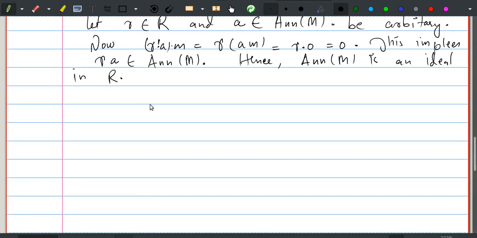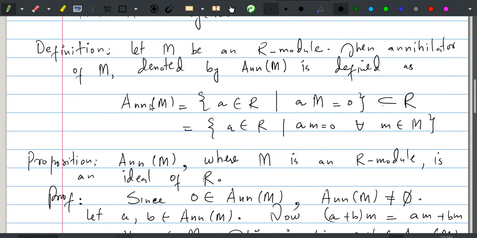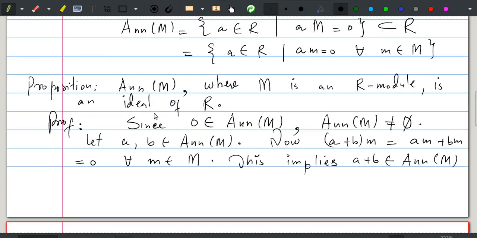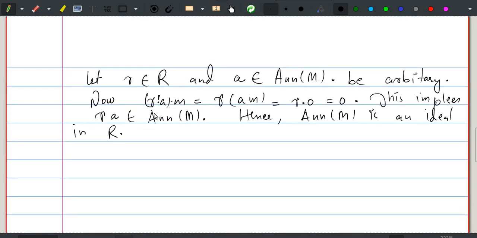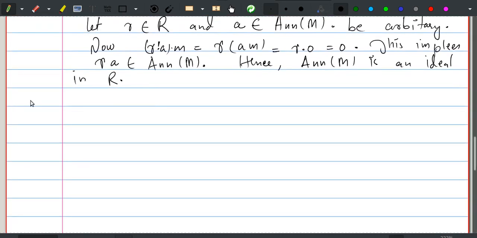Now it is guaranteed that this set is non-empty because 0 always belongs there. Now those modules for which this annihilator of M is trivial are called faithful modules. An R module M is called faithful if its annihilator is actually the zero ideal. So this is the definition of faithful modules.